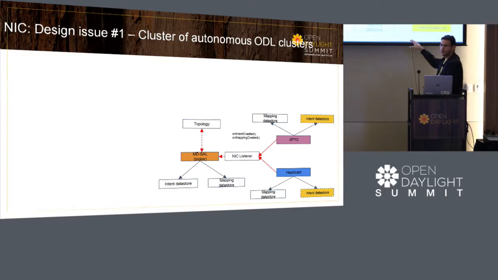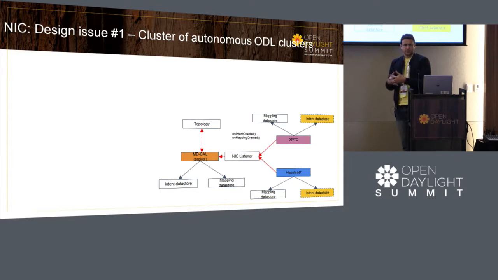These two data stores will be reachable for all the nodes in the cluster, and we should decouple the code in the NIC project, because currently we have some strong integration between the component listeners and the OpenFlow renderers, right?